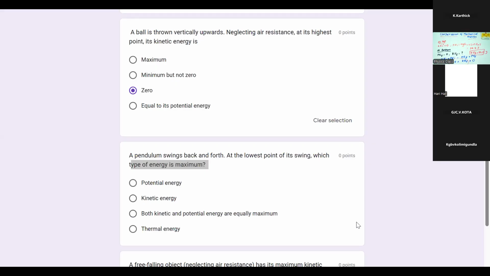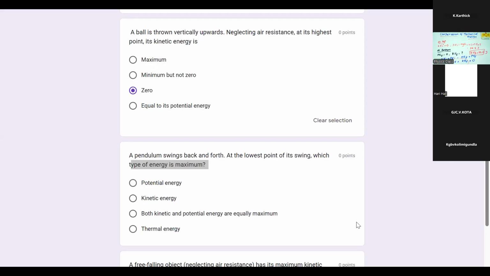So in that open system, when the ball hits the ground, its temperature will rise a little bit. We can measure it with a special type of thermometer. By using the thermometer, we can see the little temperature variation in the case of an open system. Here the pendulum does not hit the ground, it just swings back and forth, so there is no possibility of thermal energy here.